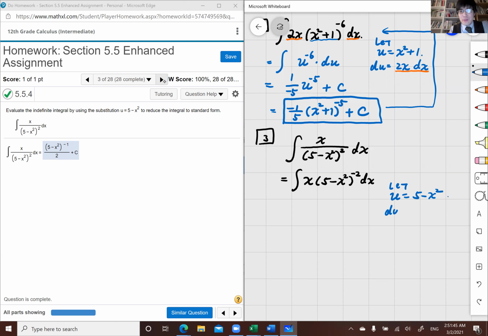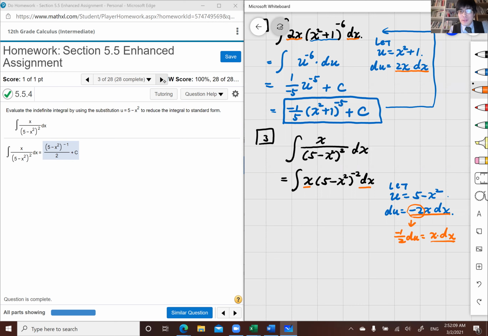Then du will be negative 2x dx. So unfortunately, this one is not really equal to this part, but the difference is by just a constant multiple. So you can use this one to get negative 1/2 du is equal to x times dx.